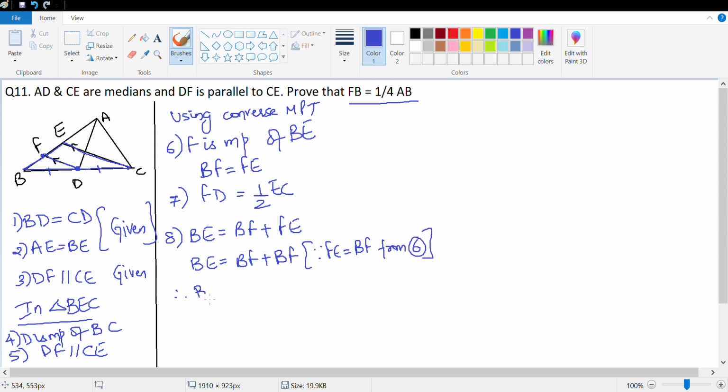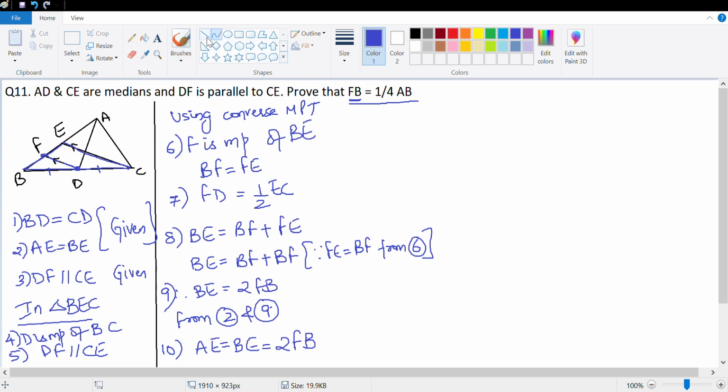Therefore, BE is equal to 2 times FB. They want FB, so I'm writing it in the form required in the question. Now, from 2 and 9, I get AE is equal to BE is equal to 2 times FB.